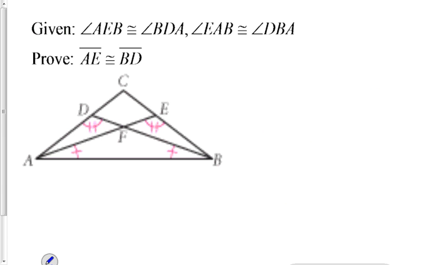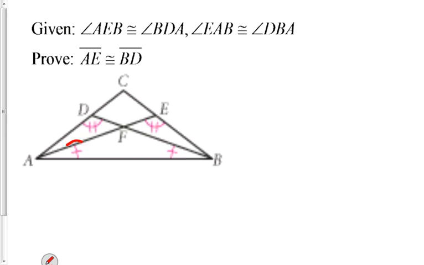Let's take a look at another example. The given information here states that angle AEB is congruent to angle BDA. So we see that in our diagram marked here and here. It also states that angle EAB is congruent to angle DBA.